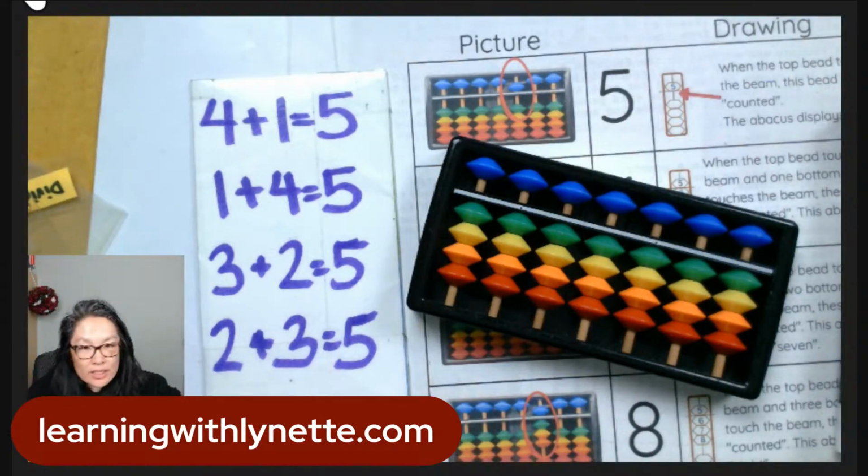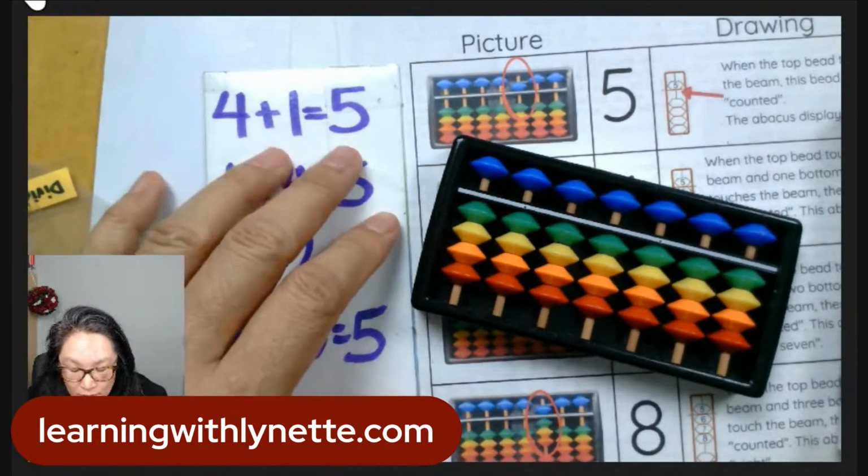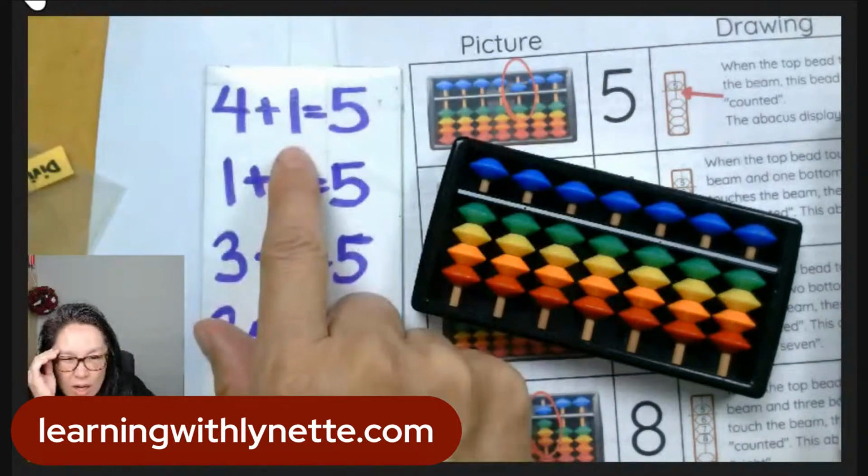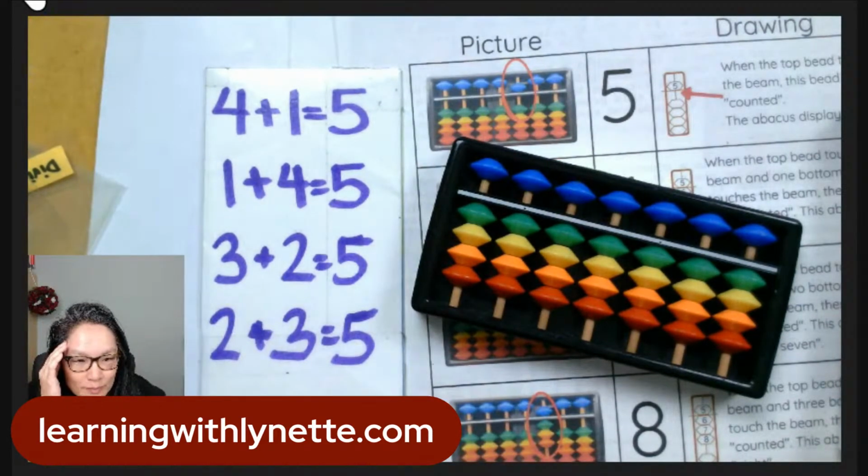The first thing we need to understand is these number sentences, these addition sentences. Is that considered regrouping? This is kind of regrouping. Regrouping is more, yeah, it's kind of regrouping.